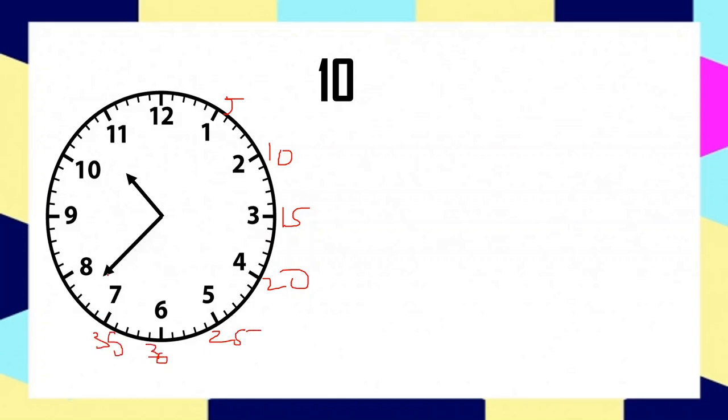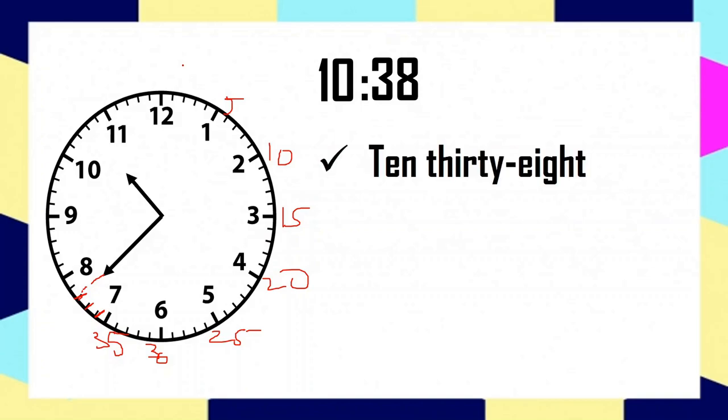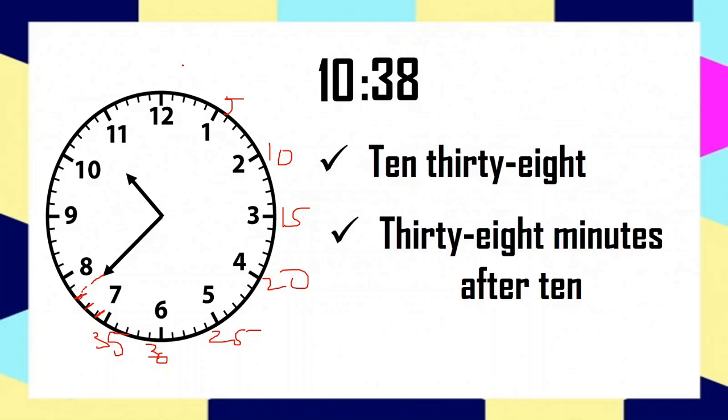But since it's not exactly at 7, we count each line. So 35, 36, 37, and this is 38. So it points exactly at 38 minutes. So this is 10:38 or 38 minutes after 10.